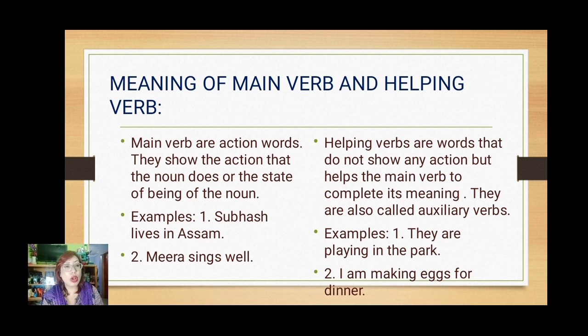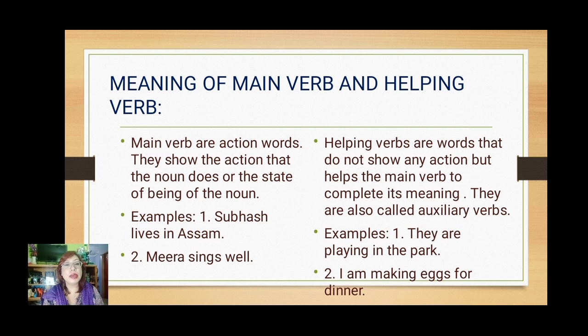In one of the columns you can see, students, main verbs are action words. They show the action that the noun does or the state of being of the noun. So main verb means what? It is an action word which shows the action which the noun has done, right? Or the state of being of the noun.